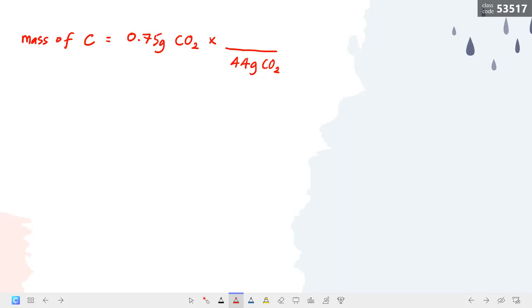Berat 1 mole carbon adalah 12 gram. So now you can see we can cancel out the unit mass of carbon dioxide, leave the mass of carbon. So from the calculation, supposedly you will get 0.2045 gram of carbon. Okay, sekarang kita dah dapat mass of carbon.